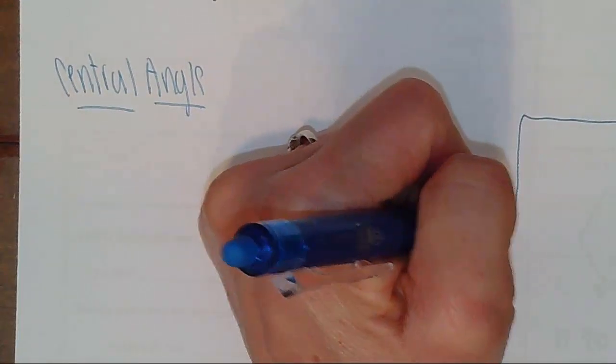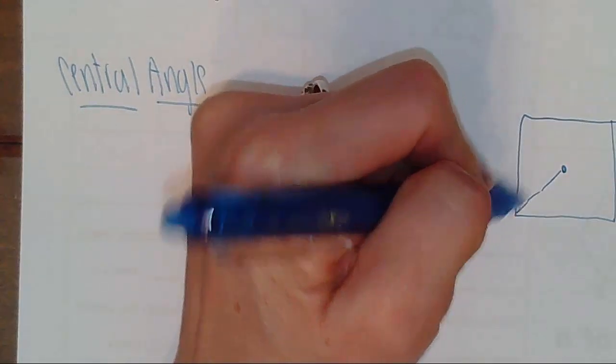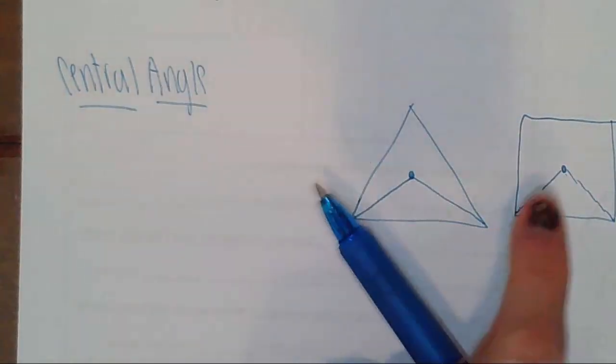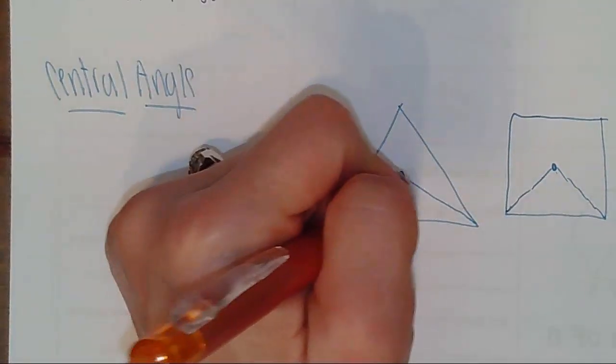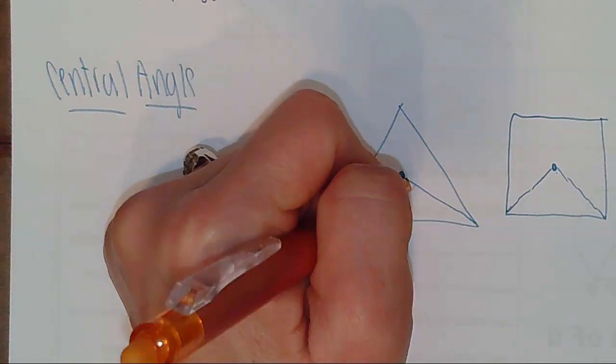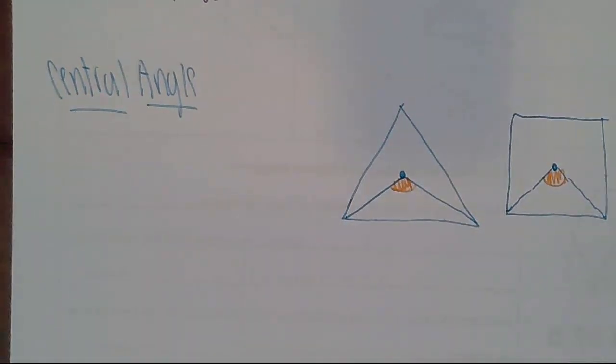So if I were to draw a square, and here's the center, and I were to draw 2 vertices, this area right here would be my central angle.